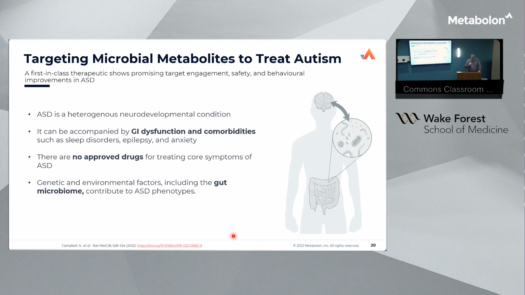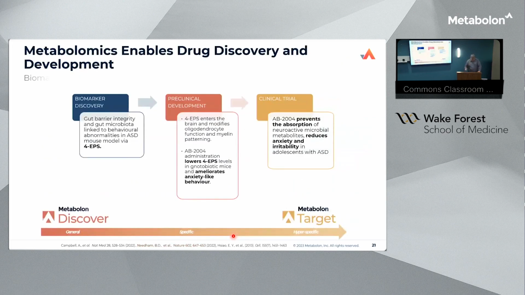And so from studies, and I'll go into that example, in a landmark study in 2013, this company worked with Metabolon. They made the first connection between behavioral abnormalities linking ASD to decreased gut barrier integrity and modifications of the gut microbiome.